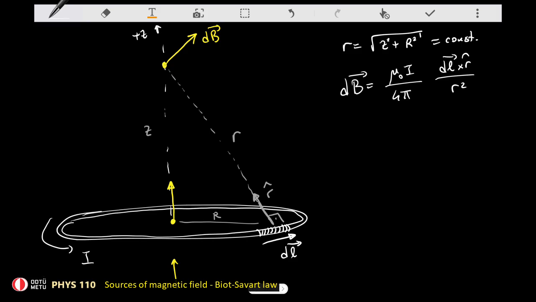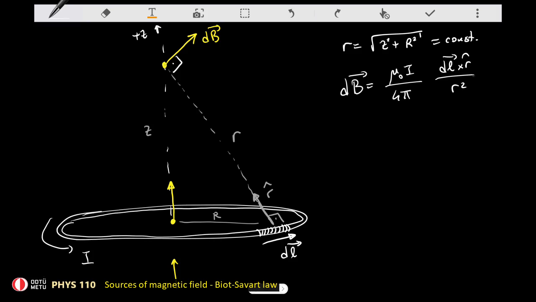First, we are going to investigate these. First, we talk about the directions. We know the directions of dl and the r unit vector. Their cross product is a vector which is perpendicular to both of them. So as a result, you can see that the angle between this dB and the line connecting our point of interest to the segment is 90 degrees, because that line is parallel to r, and dB is expressed as the cross product of something with r.